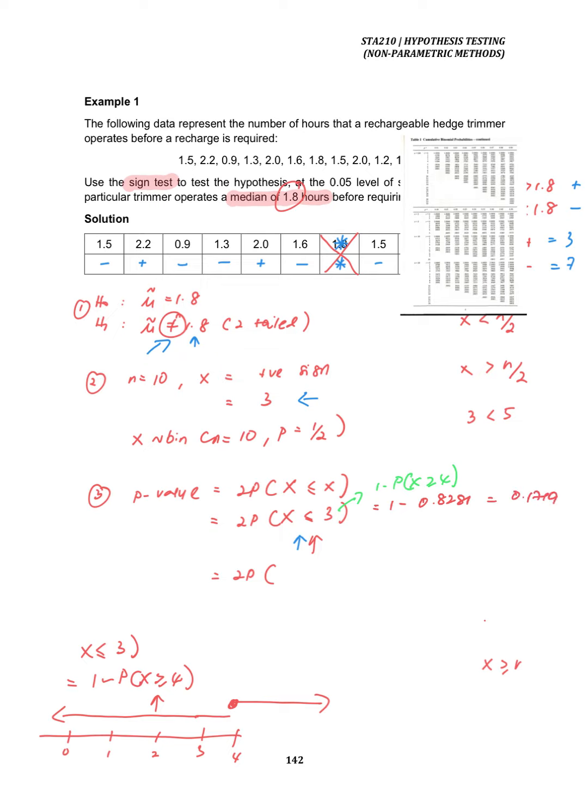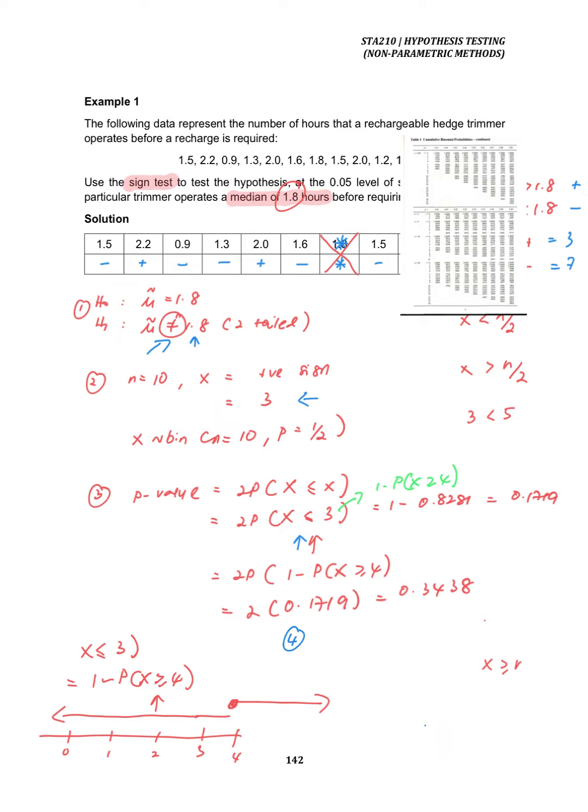Okay, so kita akan darabkan 2 darab dengan probability of 1 minus probability of X greater or equals to 4, which is equivalent to 2 times 0.1719. So this one we will get 0.3438. Okay, now we proceed to next step.